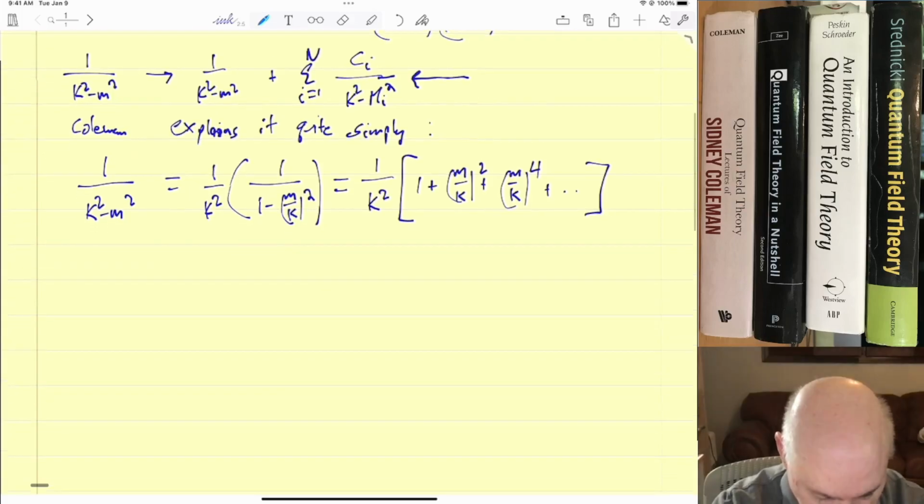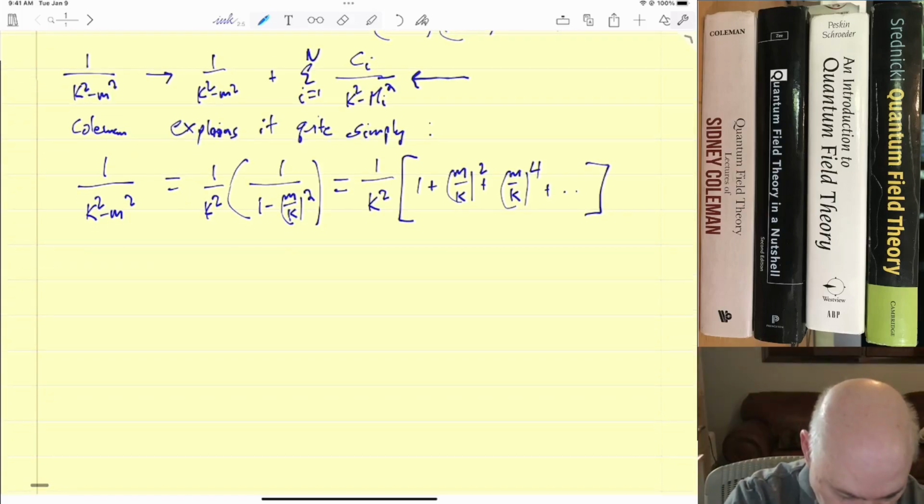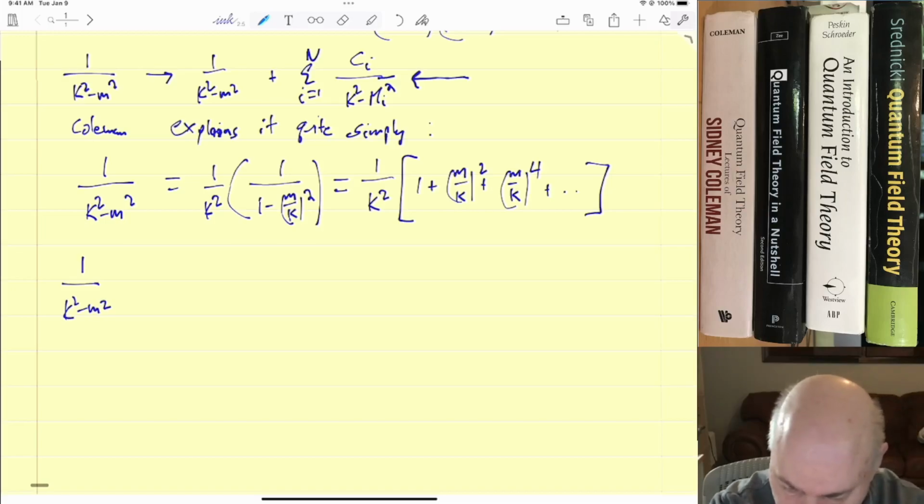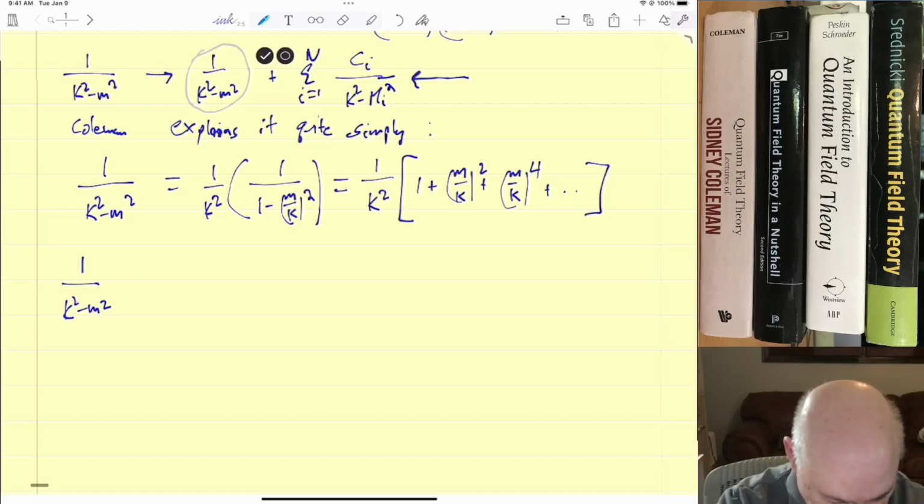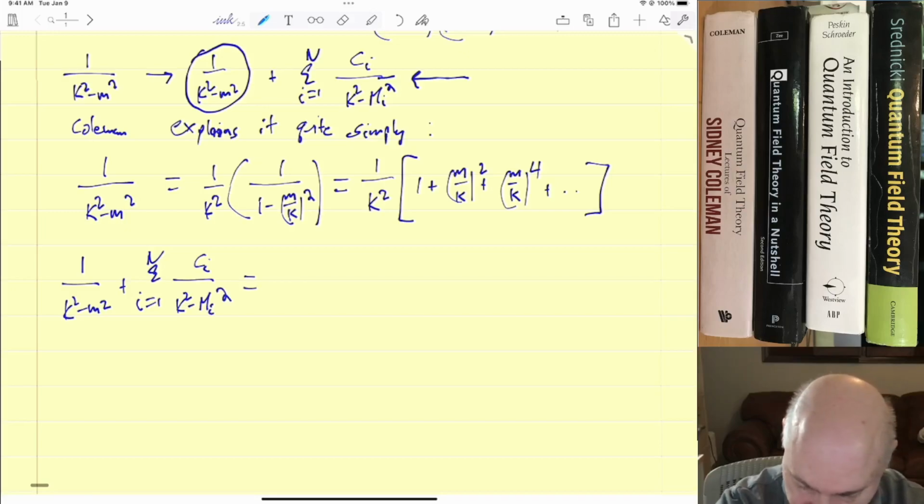Let's see what happens. We're going to get 1 over k squared minus m squared. That's this term over here. And then let me rewrite the whole thing. Now we apply this identity to every term here as well as here.